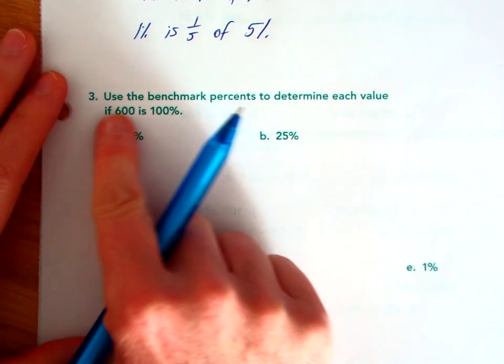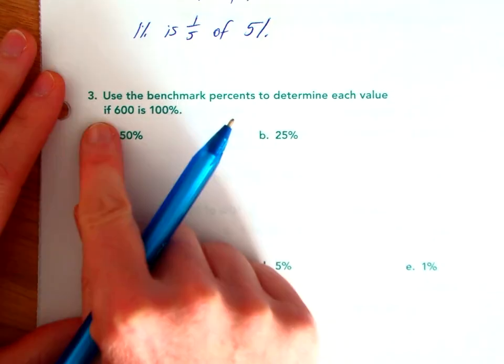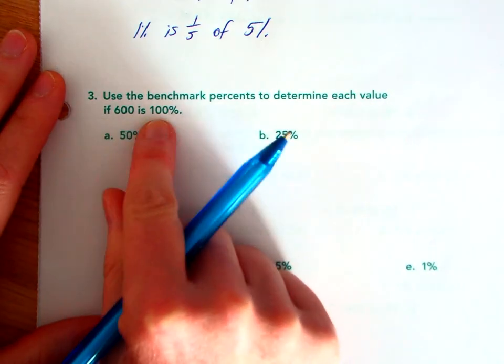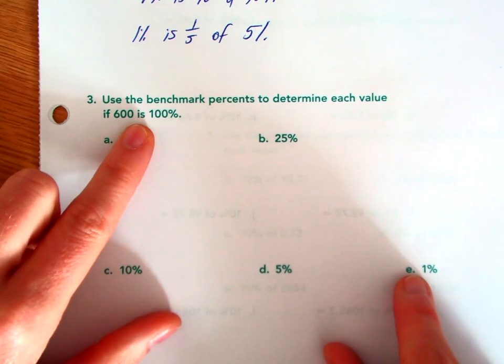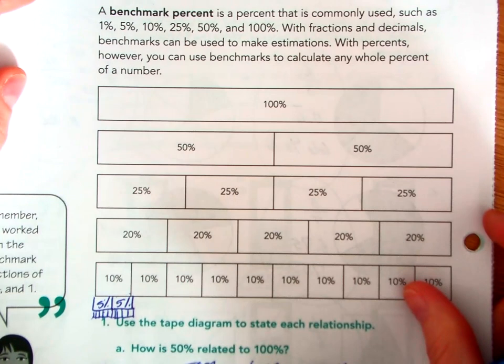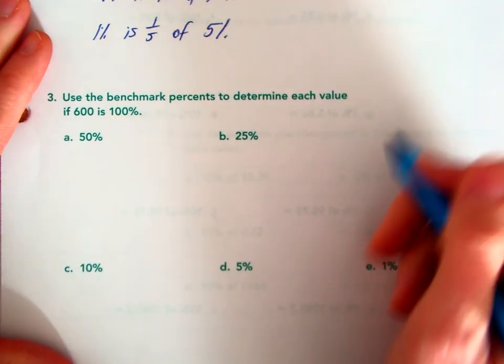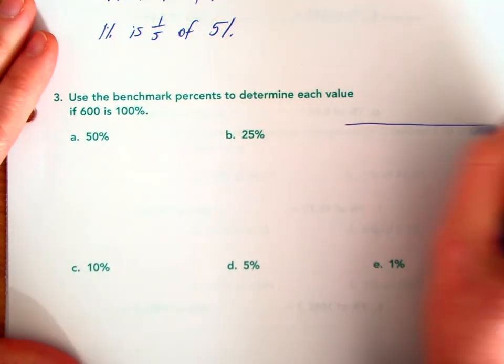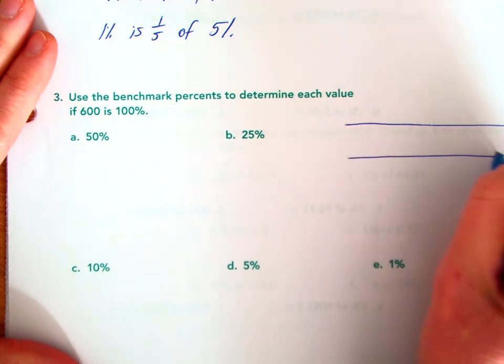Now they want us to use benchmark percents to determine each value if 600 is worth 100%. I could show it with the diagram here, but I actually can show you something else that looks kind of like a double number line, which you're also familiar with.